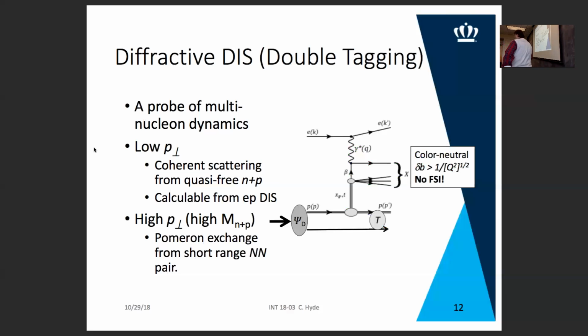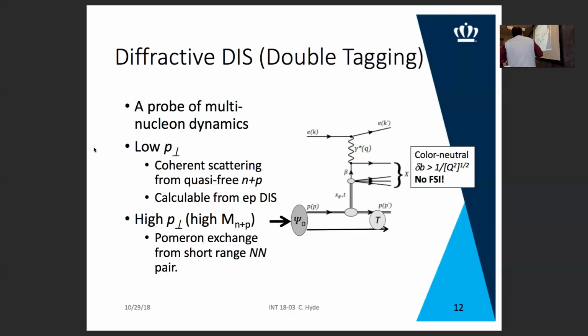So this is your paper. I'm coming to your paper, but it's the relative momentum. It's the p perp of this proton relative to the average of the two, or equivalently, up to longitudinal momentum fraction corrections, it's the mass of this np system.